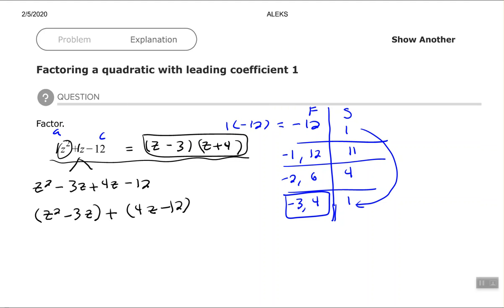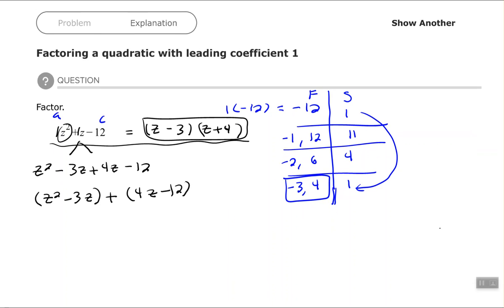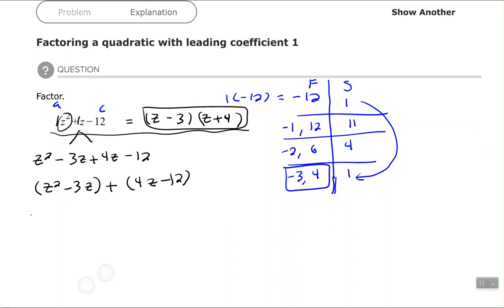All right, and now the GCF out of each group. So z squared and 3z, the greatest common factor is z. So it gives us z minus 3 in the first parentheses. 4z minus 12, the greatest common factor is 4.